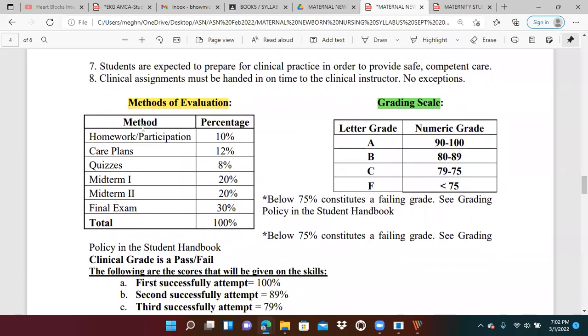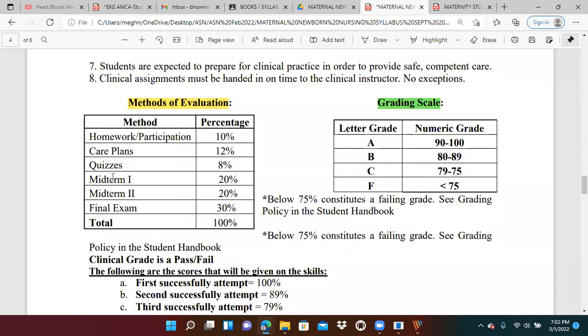First of all, here we can see homework and participation is 10%. Care planning, when you write it and email us or submit it to the Google Classroom, you will be graded. It is 12%.